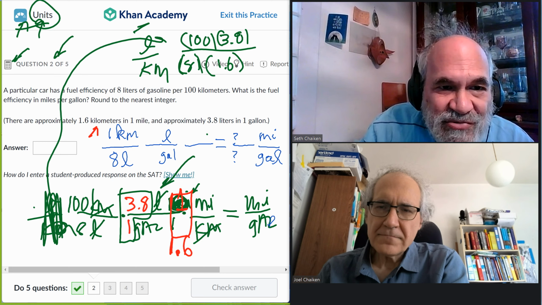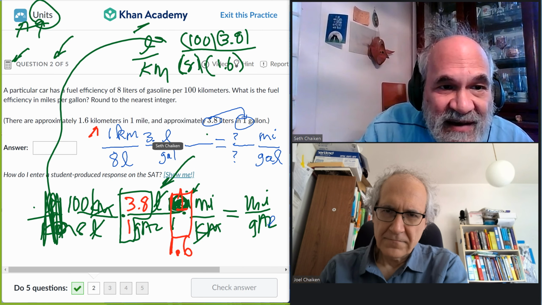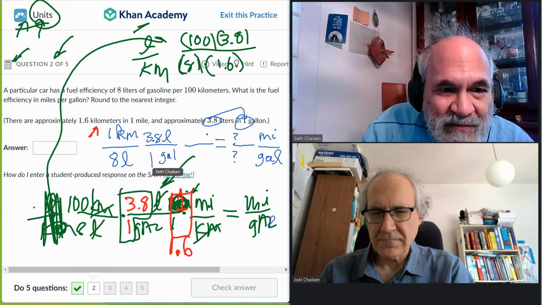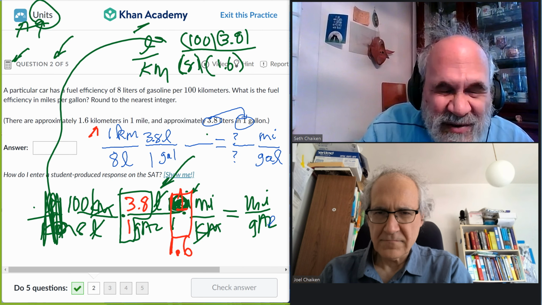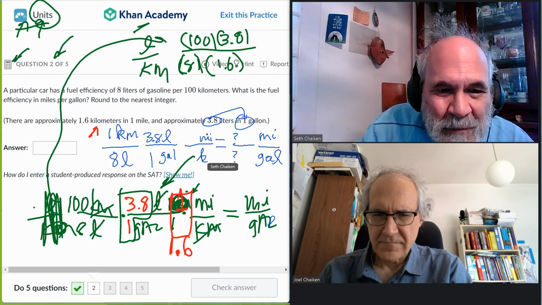It is 3.8 liters in 1 gallon. So I write 3.8, also known as 3 8/10 liters per gallon. Now, we need to get miles. So we use a conversion factor of miles per kilometer.